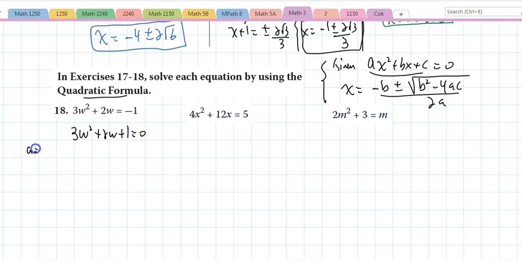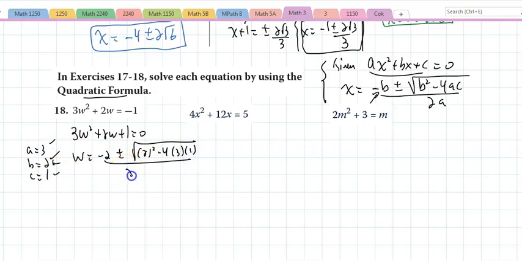A is 3, B is 2, and C is 1. And W will equal negative B, negative 2, plus or minus the square root of B squared minus 4 times A times C all over 2 times A. W will equal a negative 2 plus or minus.